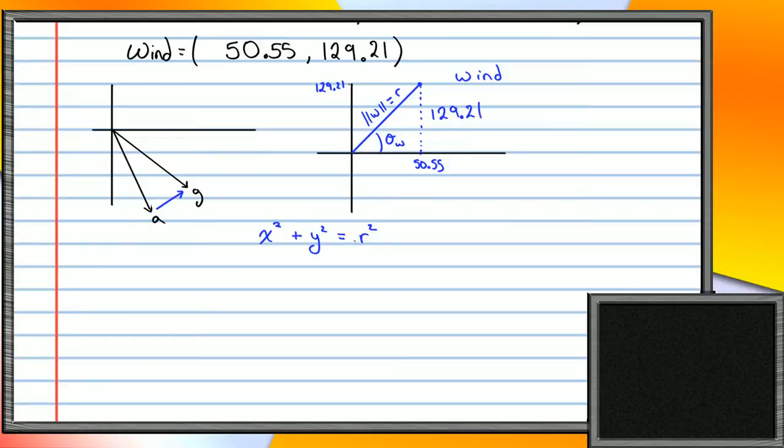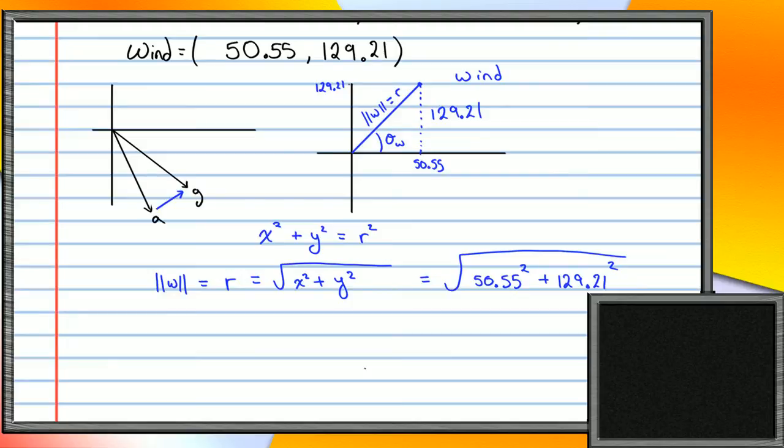So x squared plus y squared is r squared, which means our r, the length of our wind speed we're looking for, is going to be the square root of x squared plus y squared. So the square root, I think I'm going to write this first, of 50.55 squared plus 129.21 squared.